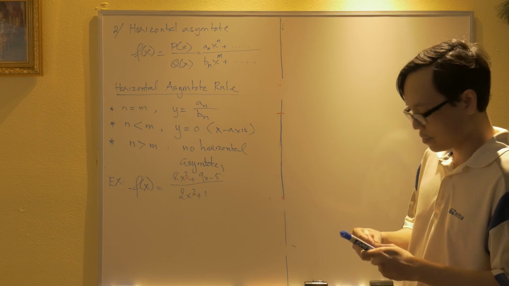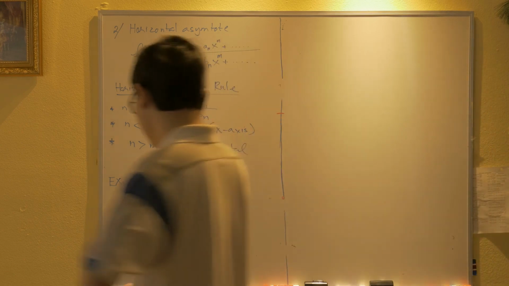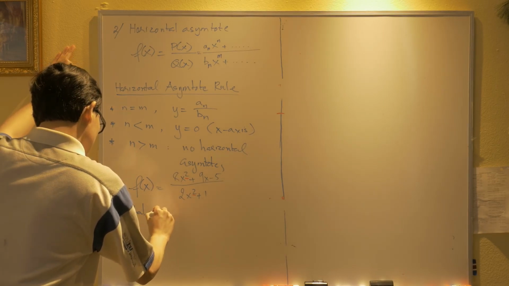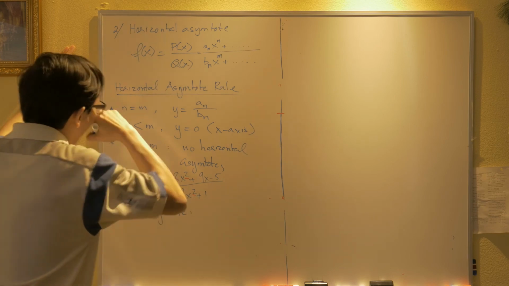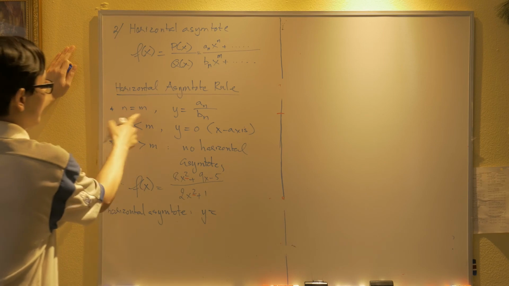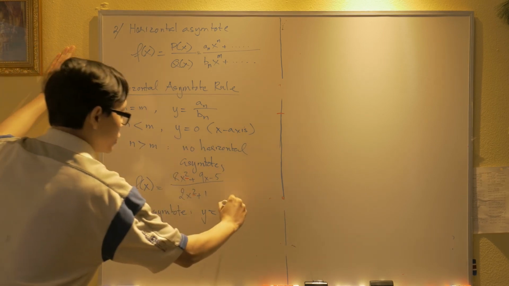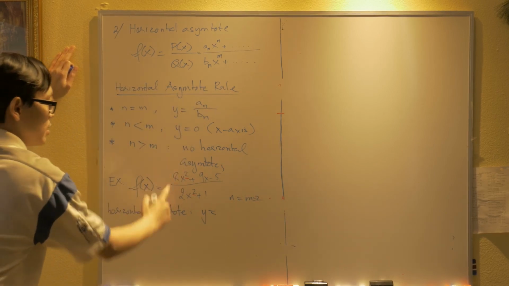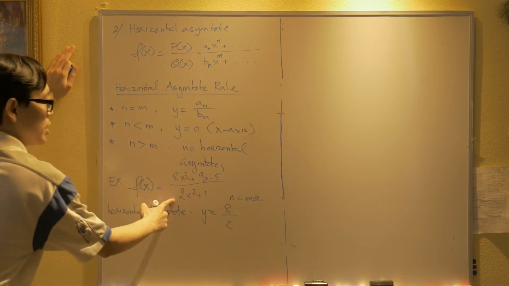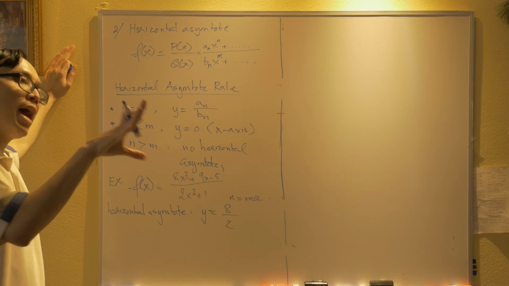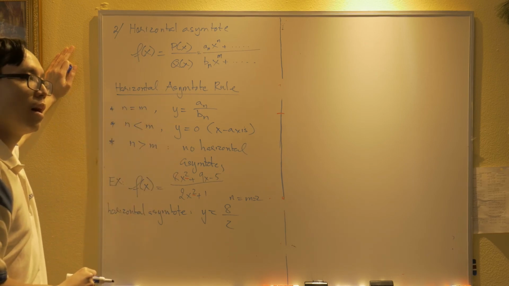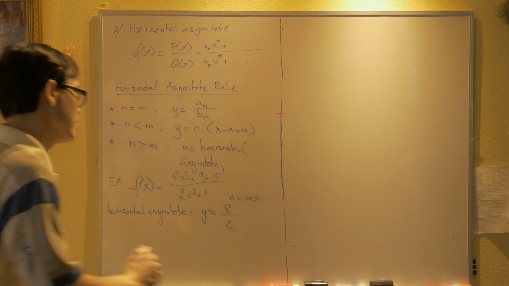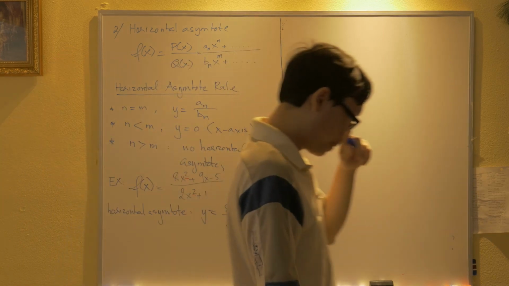So n equal m, and because n equals m, the horizontal asymptote will be y equal to a sub n over b sub m. The leading coefficients are 8 over 2, the coefficient attached to the highest exponent term of each polynomial. So it will be y equal to 4.